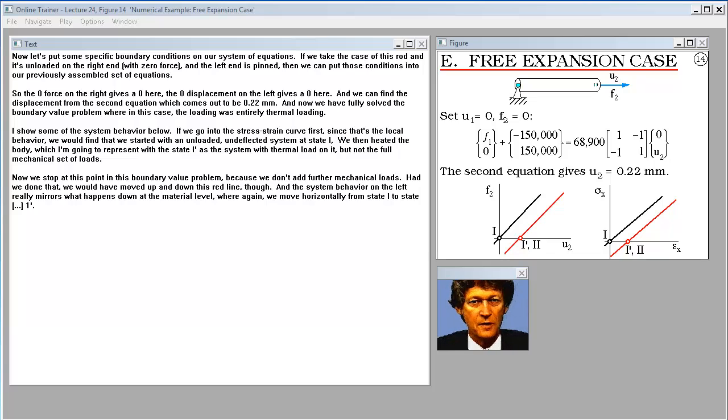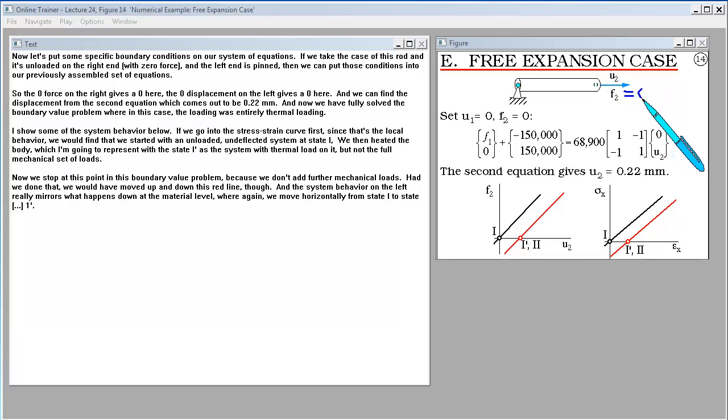Now let's put some specific boundary conditions on our system of equations. If we take the case of this rod and it's unloaded on the right end with zero force and the left end is pinned, then we can put those conditions into our previously assembled set of equations. So the zero force on the right gives a zero here, the zero displacement on the left gives a zero here.